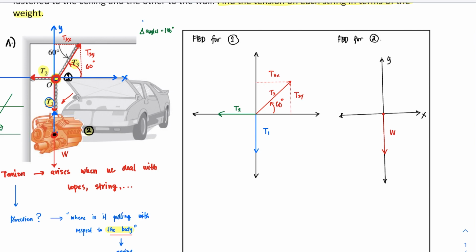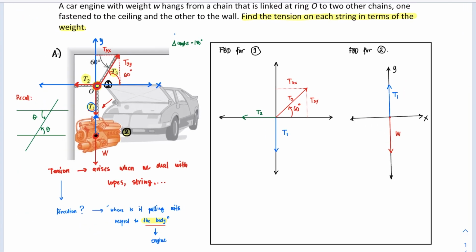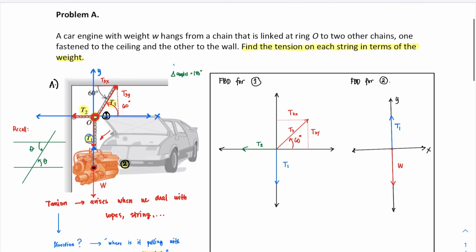So I'm going to erase that one. And then the other force is the upward pull of your T1. So that's why I will represent T1 with an upward direction. And I am talking about this force over here. So that is the free body diagram for the problem A.